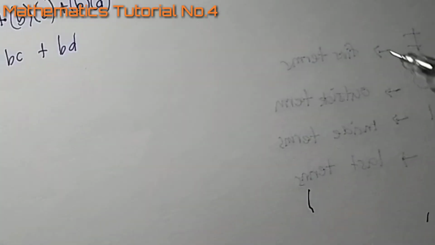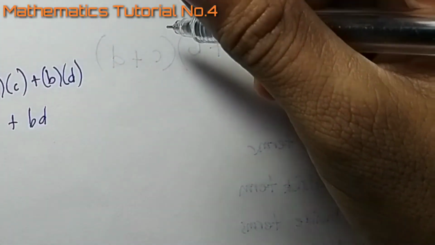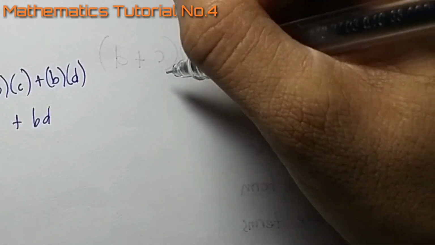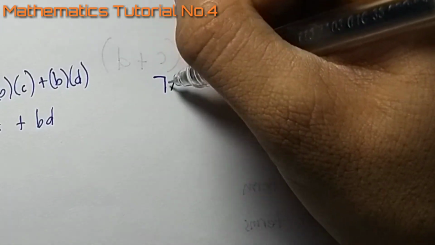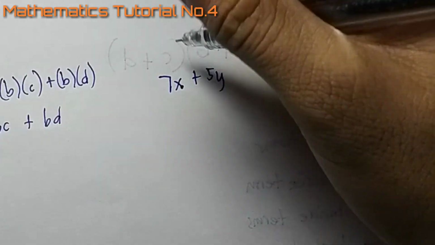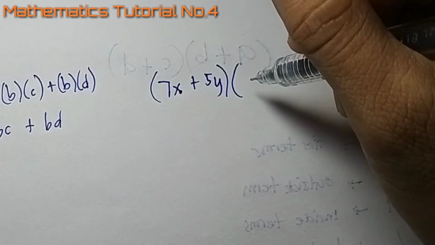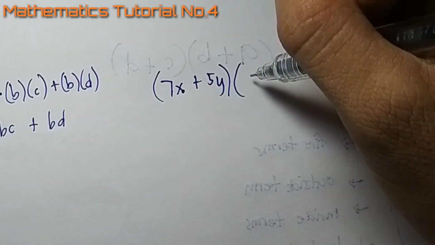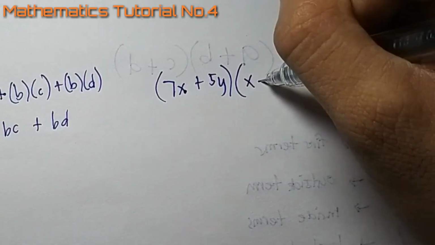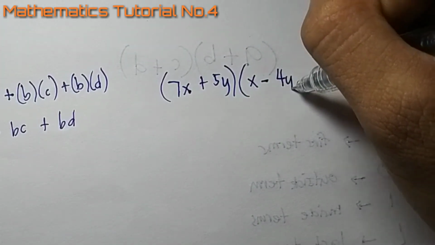Okay, another example. Let's have 7x plus 5y multiplied by x minus 4y.